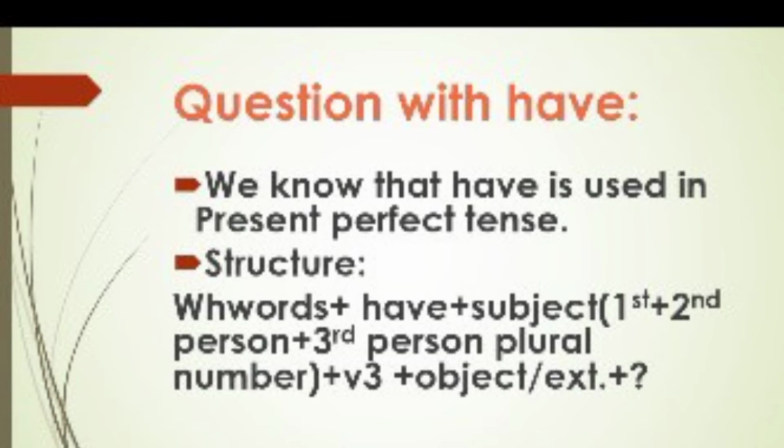It may be first person or second person, whether singular or plural number, or third person plural number. And then you have to put verb 3, that means the past participle form of the verb, then the object or extension, and finally you have to put a question mark at the end of the sentence.